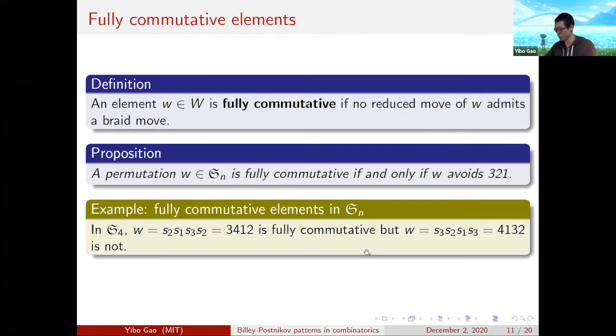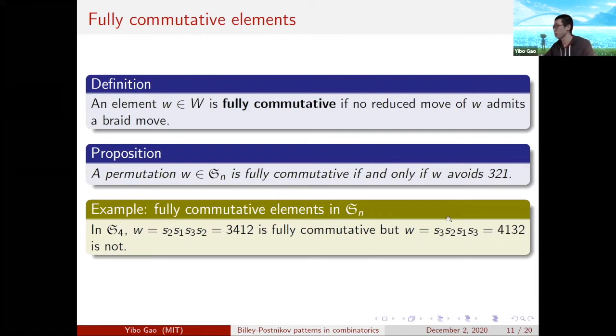I think I also have this example in the main talk. In S4, W being S2, S1, S3, S2 is fully commutative because you cannot have S2, S1, S2 or S2, S3, S2. I need something like Si, S sub i plus 1, Si to apply a braid move there. So this is fully commutative and it also avoids 3 2 1.